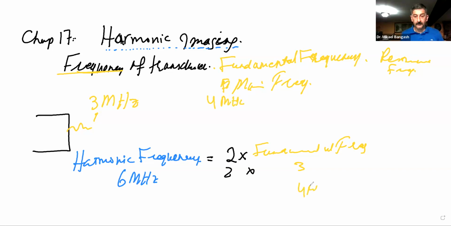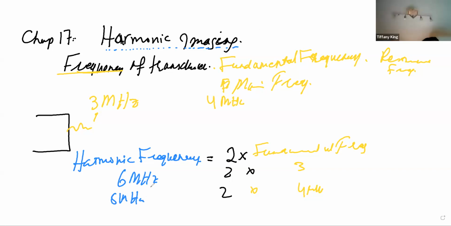Well, my dear, if it was 4 megahertz, that means that's going to be doubled, and in that case your harmonic frequency would be 8 megahertz, and so on. Is that clear? Yes.